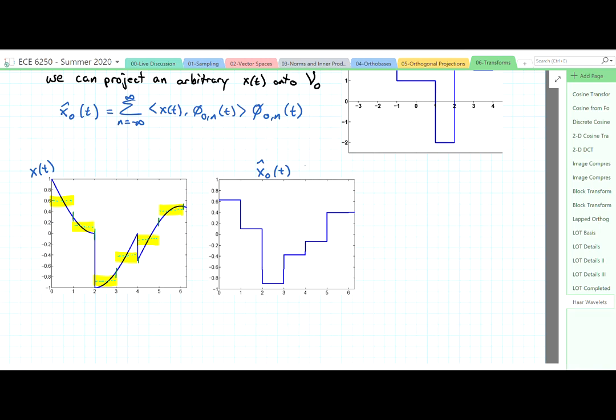Now, this expression we have up above for x hat 0 of t is a little bit long, and we're going to be doing lots of operations like this.